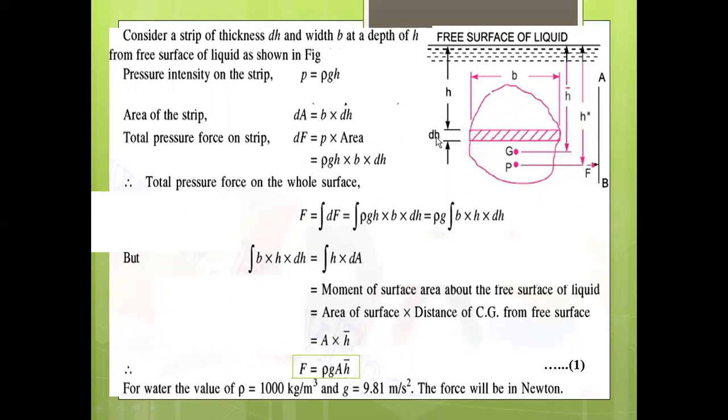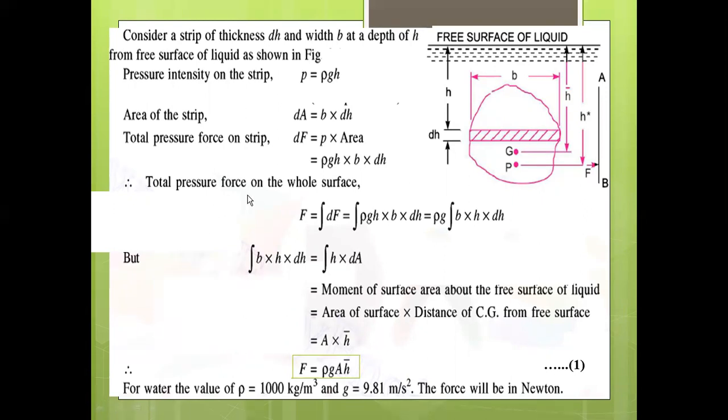Similarly, the area of the strip, that is dA, is equal to b into dh, that is width into thickness. Then the total pressure force on the strip, that is dF, is equal to p into area. We know the pressure p is rho g h, and the area is width into thickness, that is b dh, so dF is equal to rho g h into b dh.